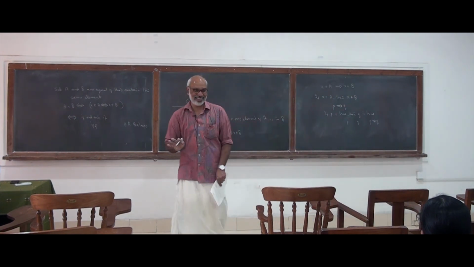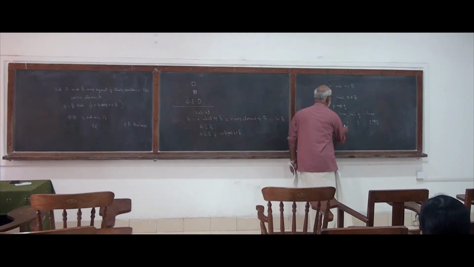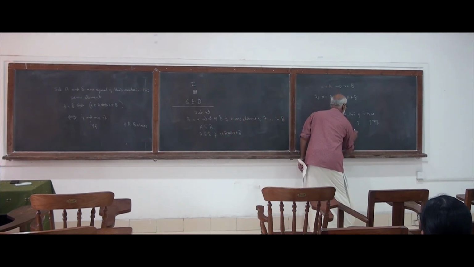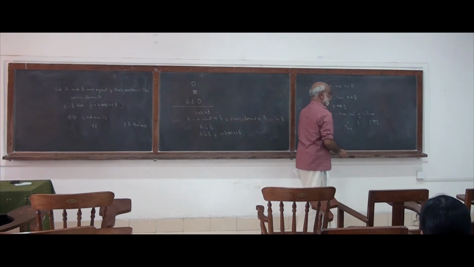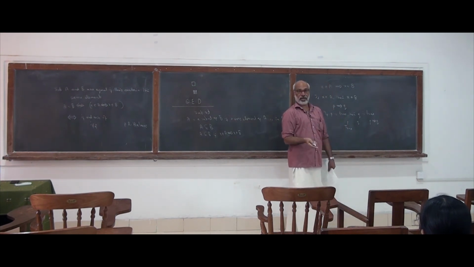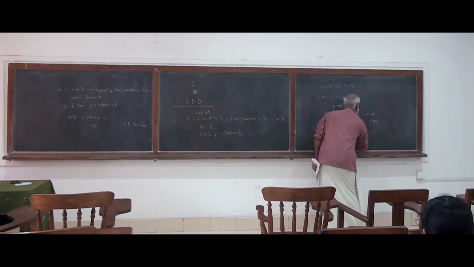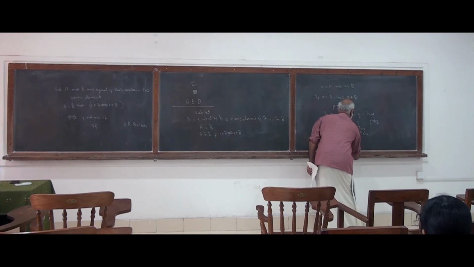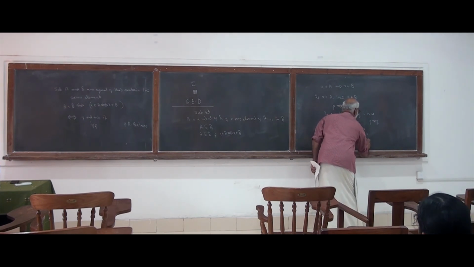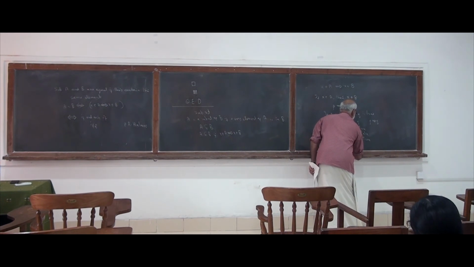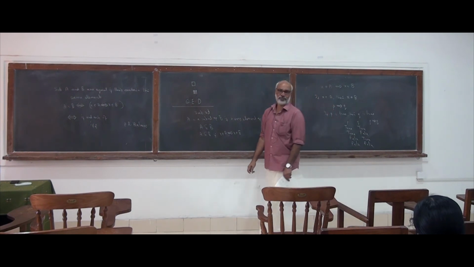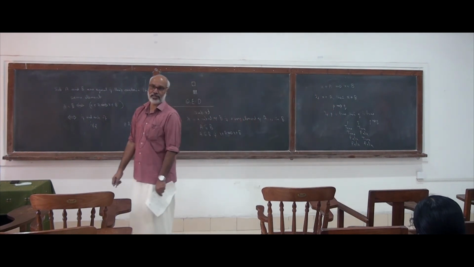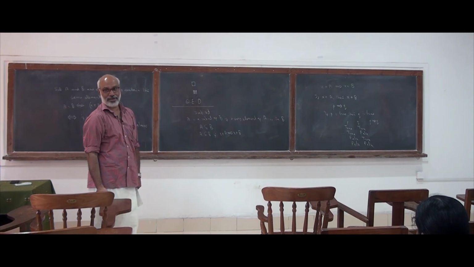No other possibility. So P can be true. But when P is true, Q can be true or Q can be false. So one possibility is that P and Q are true. The other possibility is that P is true but Q is false. And another possibility is that P is false but Q is true. Another possibility is that both are false. So P takes 2 values, Q takes 2 values, altogether P and Q take 4 values.